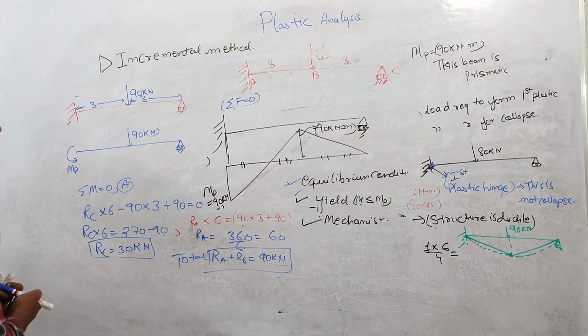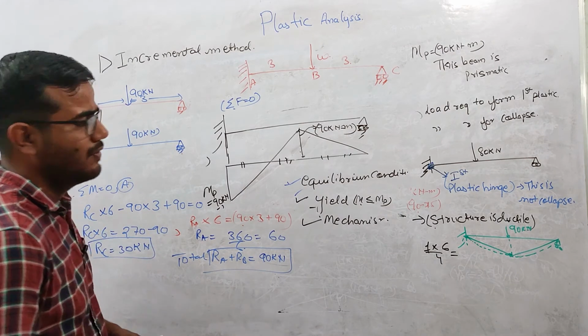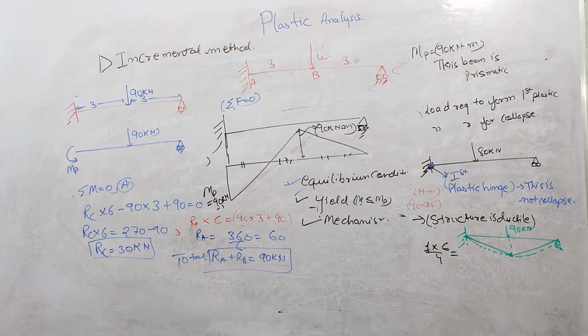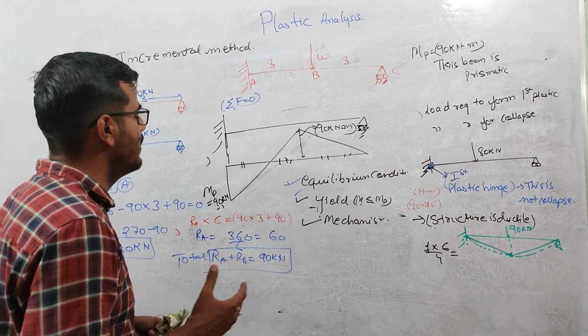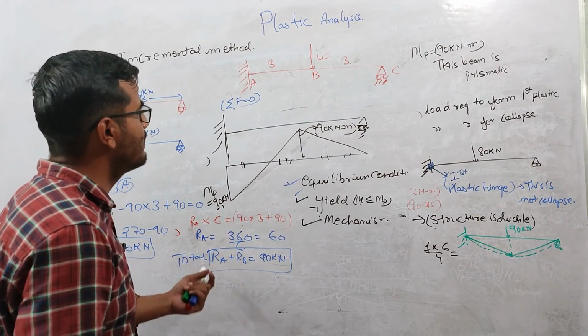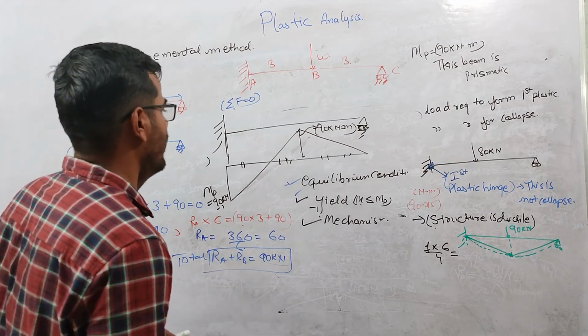As you can see, for the propped cantilever this method looks good because it is simple to analyze this structure, which has static indeterminacy of 1.